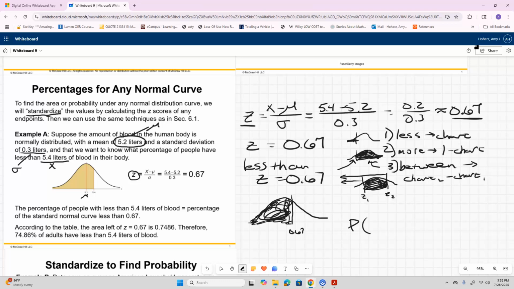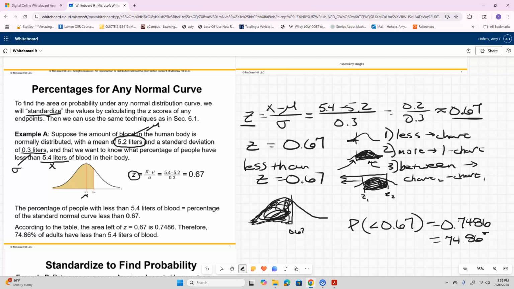So the probability that an adult has a volume of 5.4 liters of blood or less in their body is the same as the probability that we're under 0.67, which came out to be 0.7486. So this is exactly like what we did before.